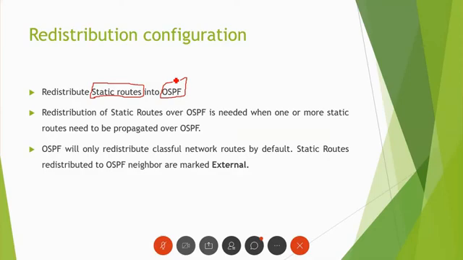OSPF has a metric. So redistribution of static routes into OSPF is needed when one or more static routes need to be propagated over to OSPF, meaning when we want to share the static routes into OSPF.